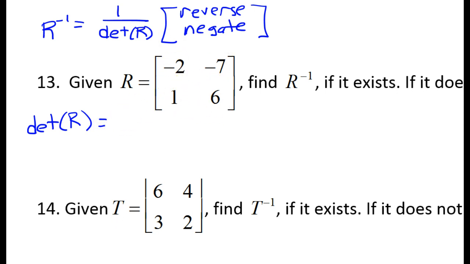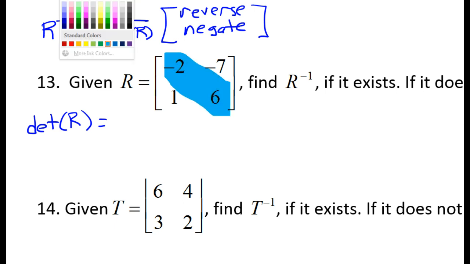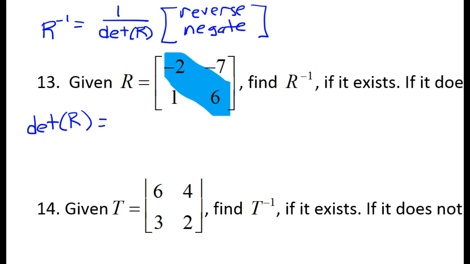The down diagonal is like this, and then the up diagonal is like this. So if I do the down diagonal minus the up diagonal, I'm going to have negative 12 minus, and then I've got negative 7.